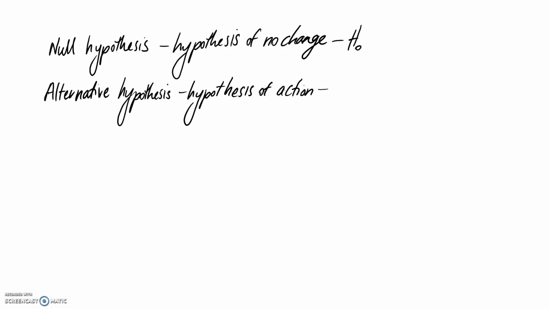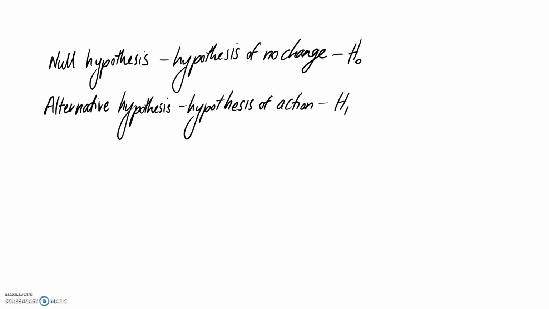If you were comparing male and female basketball players, you probably expect the male players to be taller than the female players, so that would be your alternative hypothesis: male basketballers are taller than female basketballers. Again, there is an abbreviation for this one, and that is H1. H1 just means alternative hypothesis.